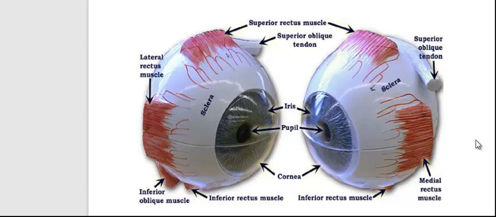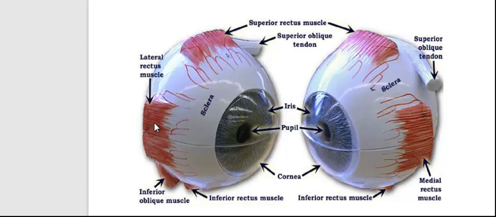All right, so if you orient this in space, if you turn this around so that this is looking out, this will be on the inside towards your nose. Medial means in the middle. So this is the right eye. And then if you look at this one, here you have the lateral rectus muscle. Lateral is towards the outside.